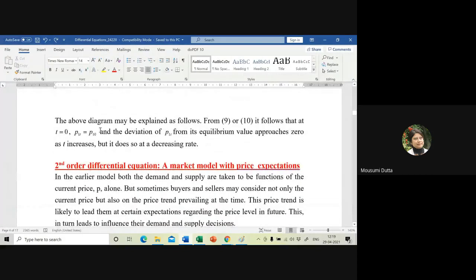One more thing I'd like to add. The above diagram may be explained as follows. From equation 9 or 10, it follows that at t equal to 0, P1t is equal to P1 naught, and the deviation of P1t from this equilibrium value approaches 0 as t increases, but it does so at a decreasing rate.